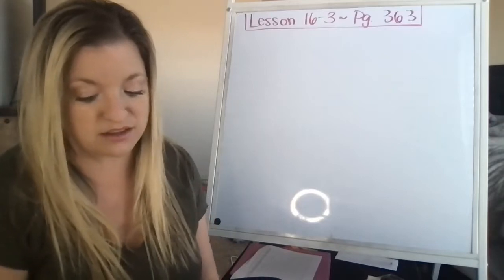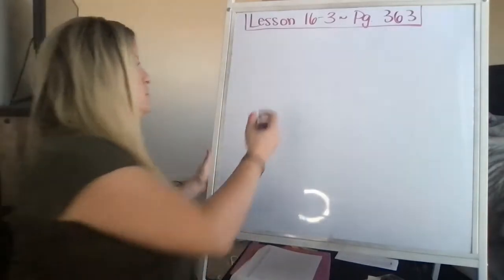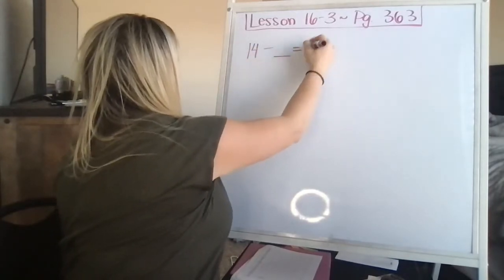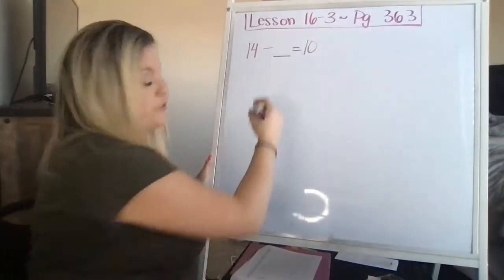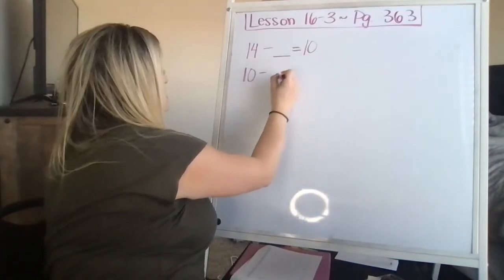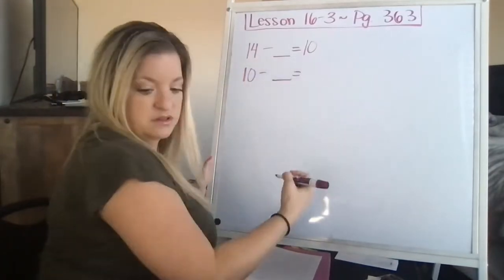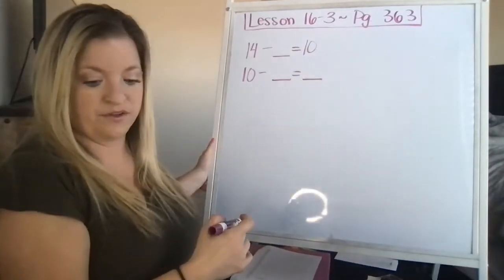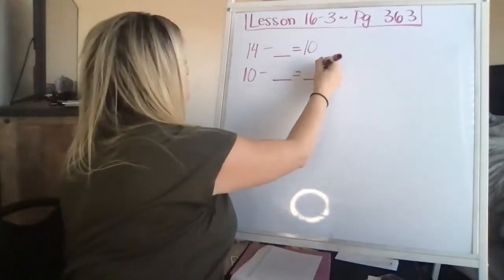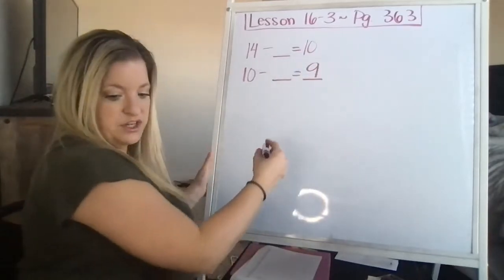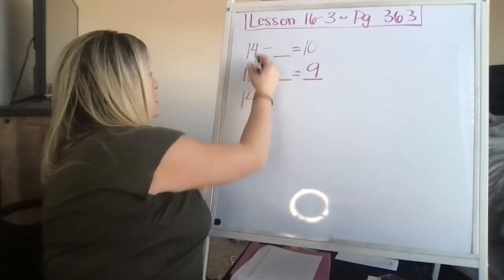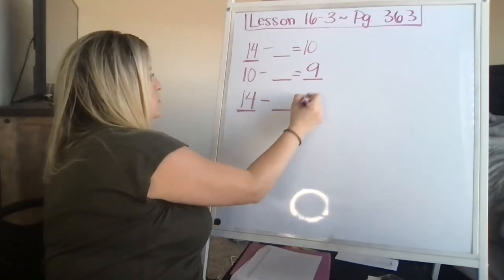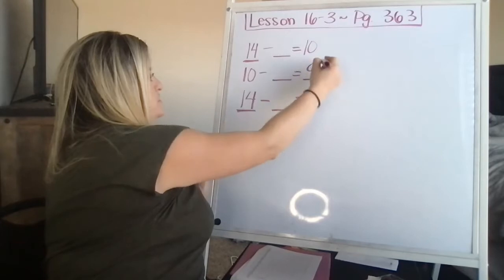Use a number path. What they do is they give you 14 minus blank equals 10, like we did last week. And then you have 10 minus blank equals, and then you're going to fill in the blank. Equals 9. So you know 14 is your starting point, minus blank equals your ending point, which is 9.